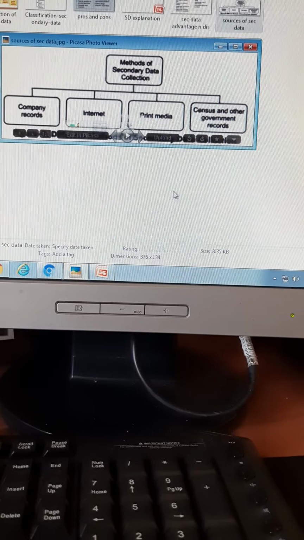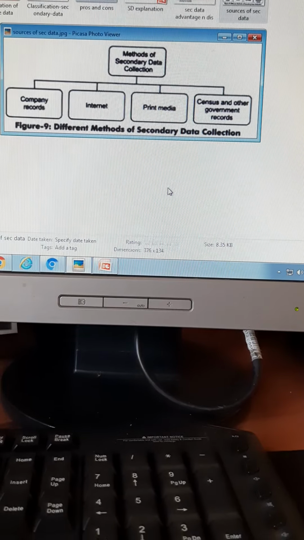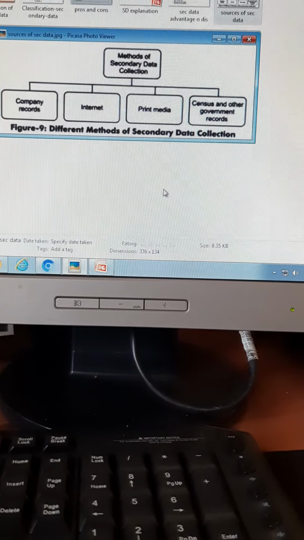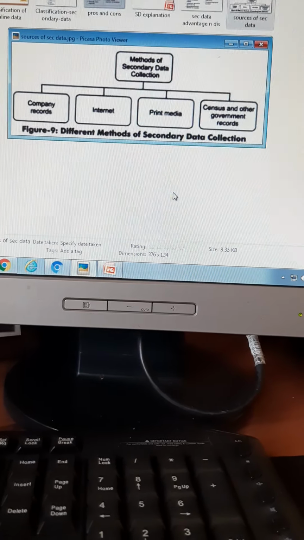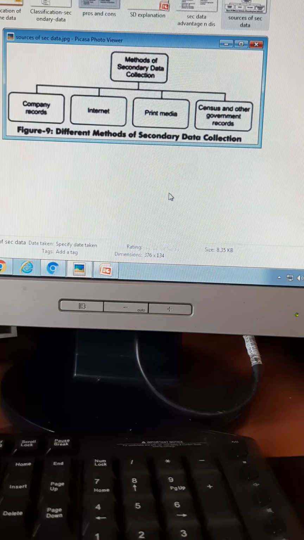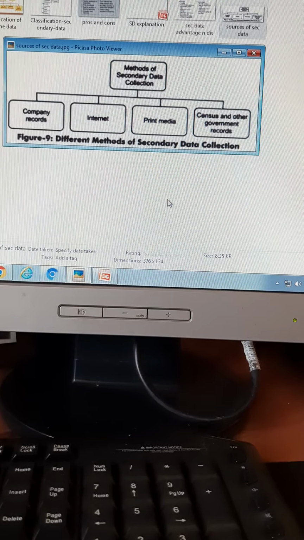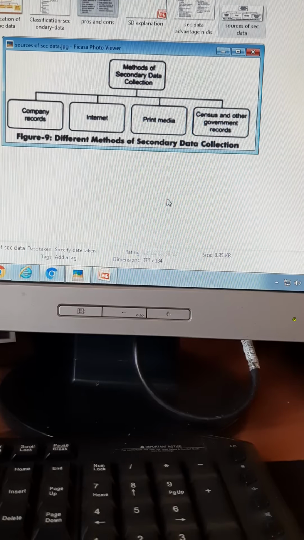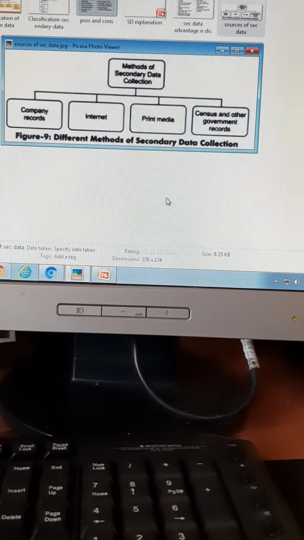Census and other government records. Each of the departments in government, external affairs, Ministry of Commerce, health department, rural department, women, all the departments bring in a lot of data, studies.